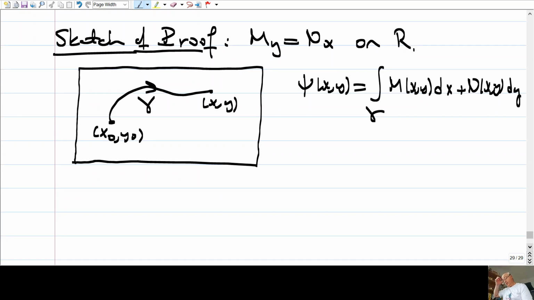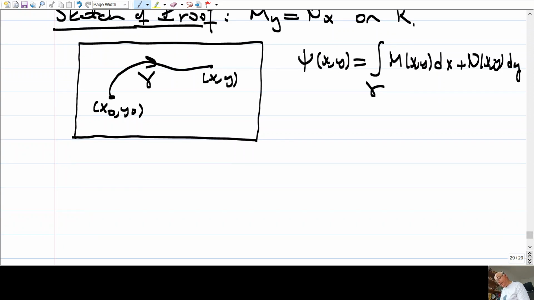Okay. So this is a path integral. You wonder why this is well defined, right? I mean, why is this value well defined? Because you just take any path joining these 2 points, but somebody else could equally choose another path like this one.